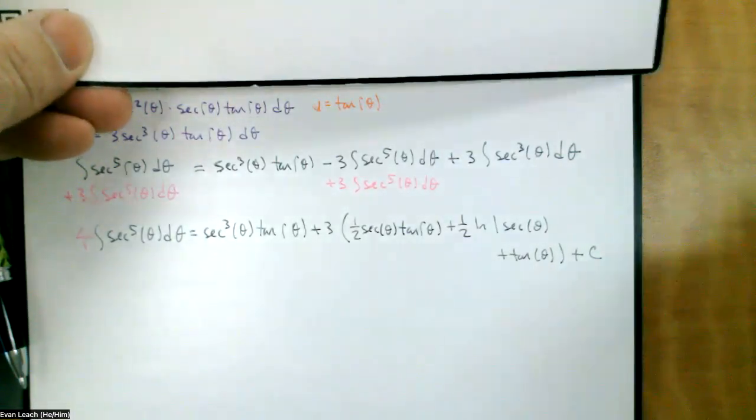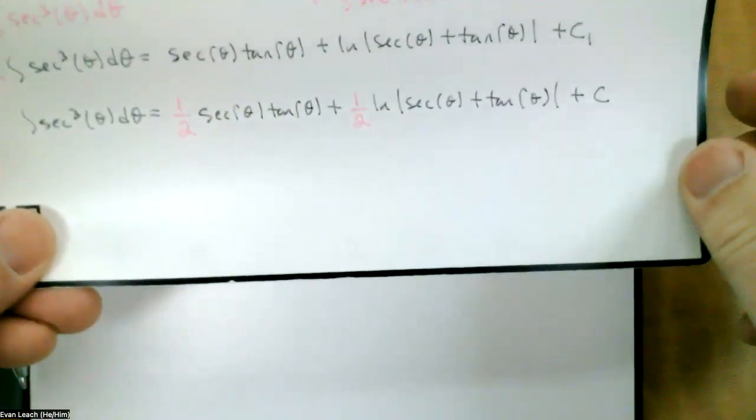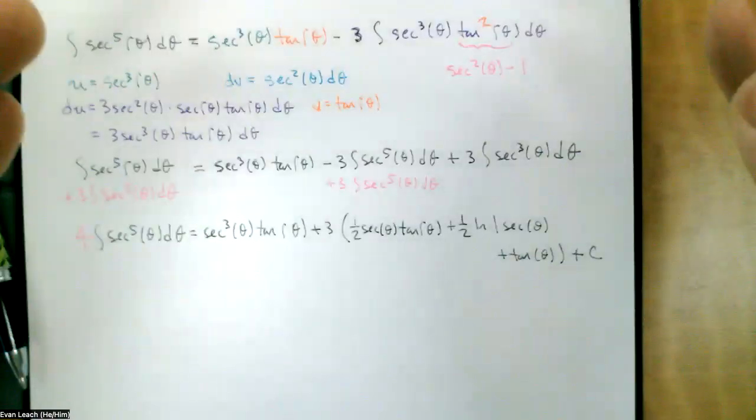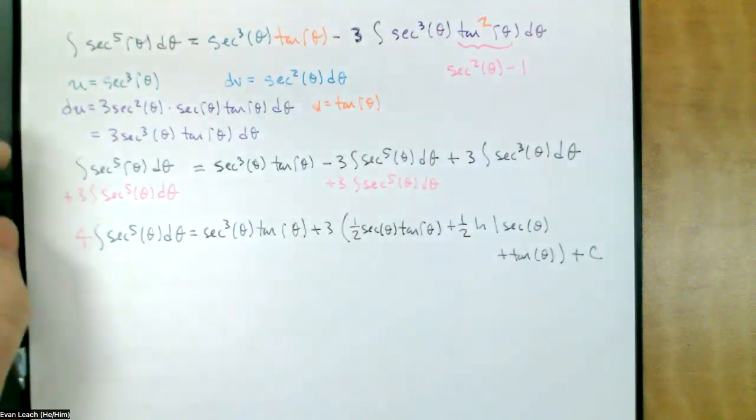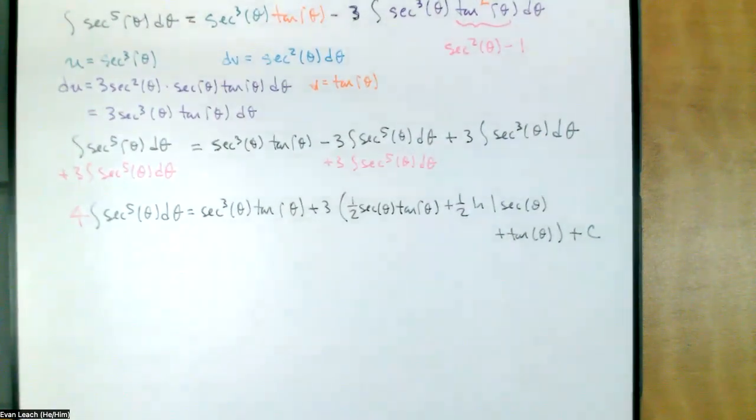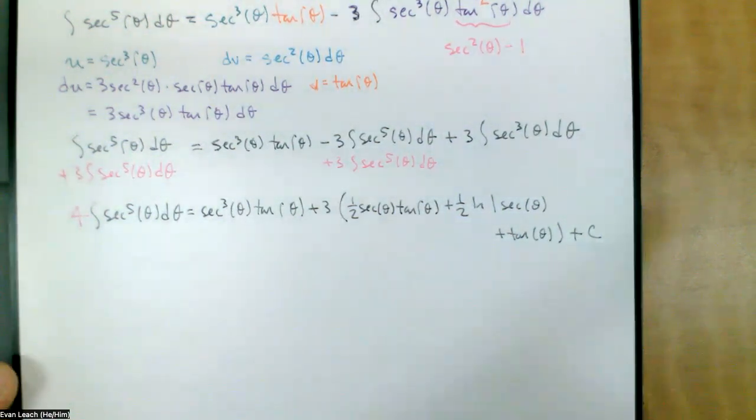That's not me actually remembering that. I'm looking at it right here. This is why I do 3rd before 5th. Now we just need to divide by 4 and maybe distribute the 3 to make it look really excessive.